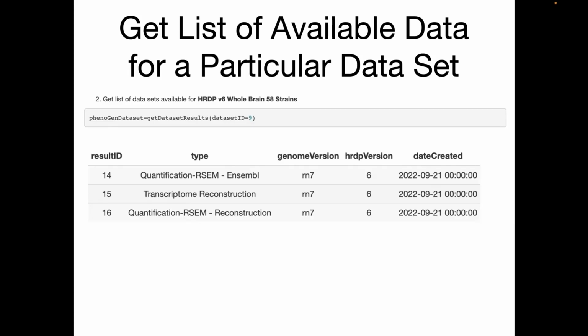Right, so here we're telling you I've got Ensembl, I've got reconstruction, and that line 15, we probably need to come out with a better word for it, but it's actually the GTF file that defines the reconstruction. So it defines all of the genes and transcripts in that reconstruction model.